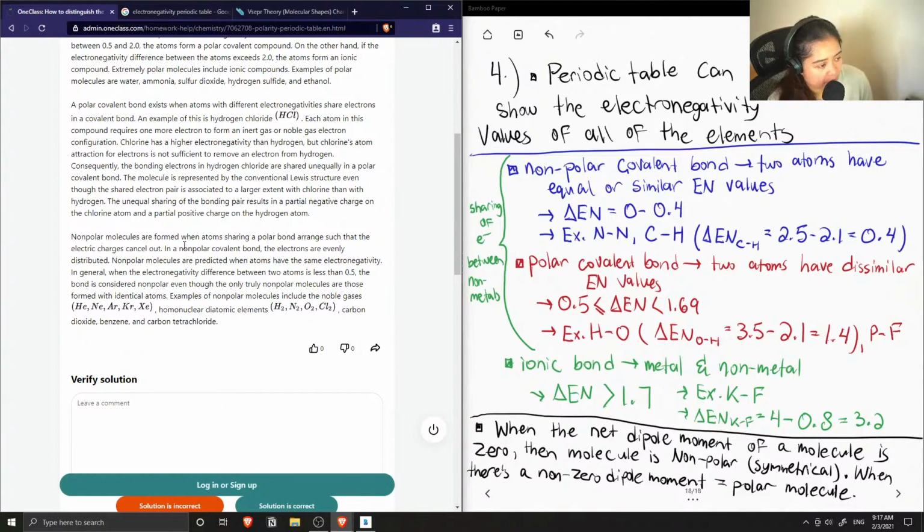Nonpolar molecules are formed when atoms sharing a polar bond arrange such that the electric charges cancel out. In a nonpolar covalent bond, the electrons are evenly distributed. Nonpolar molecules are predicted when atoms have the same electronegativity, and it's less than 0.5.